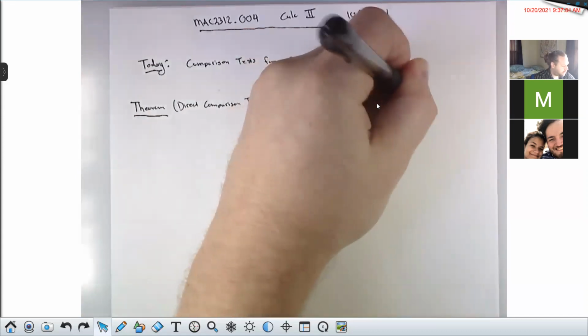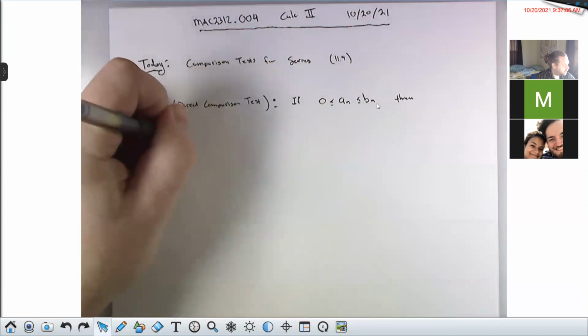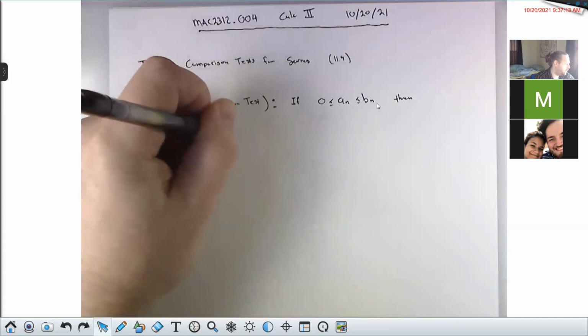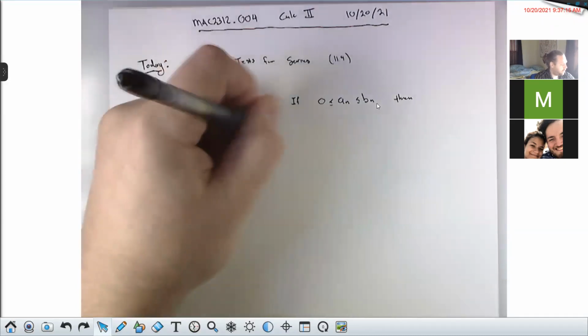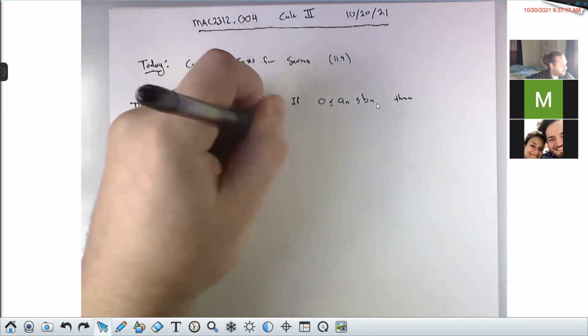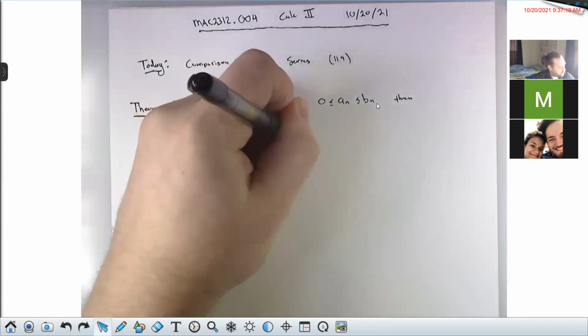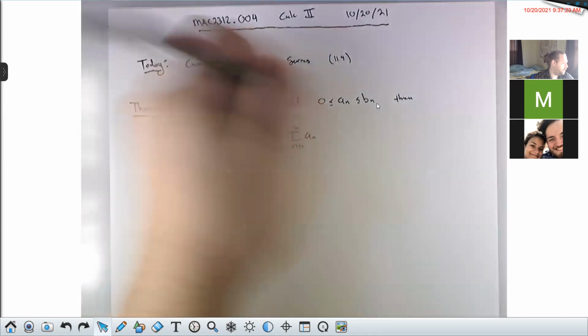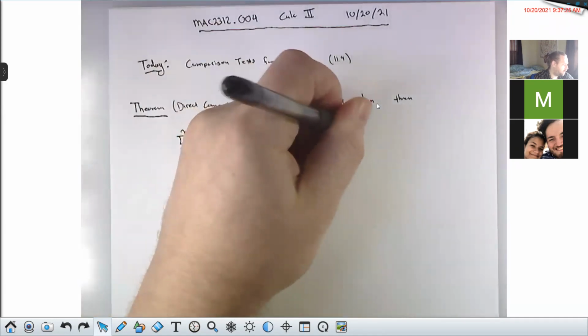Then the sum from n equals 1 or wherever to infinity of b_n converges implies that the sum from n equals 1 or wherever to infinity of a_n converges.